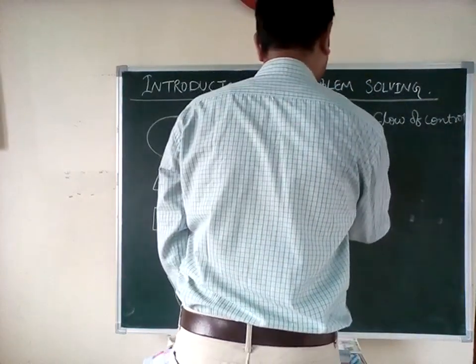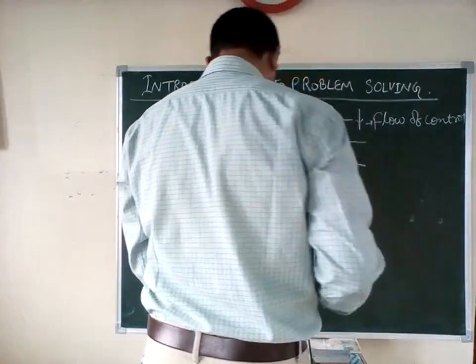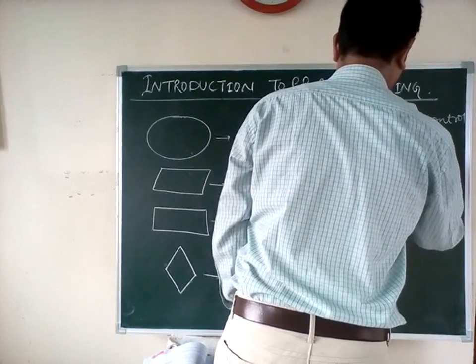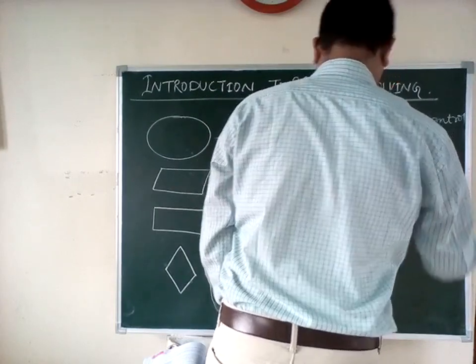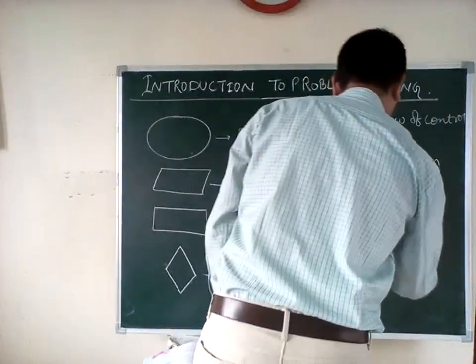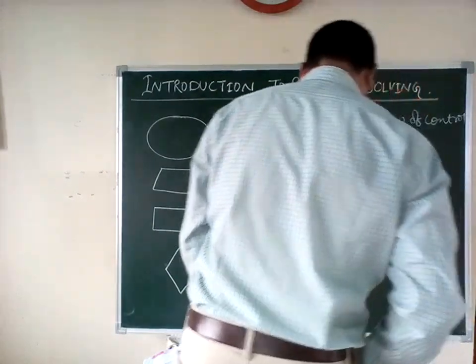If this is like this, this is called annotation. Then if this is, then connector.